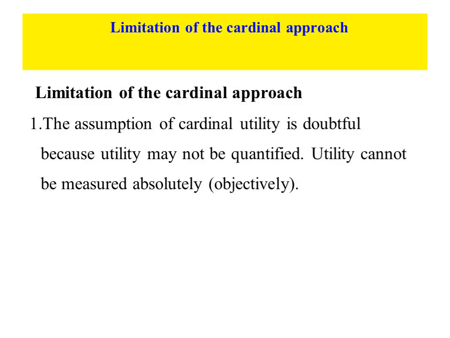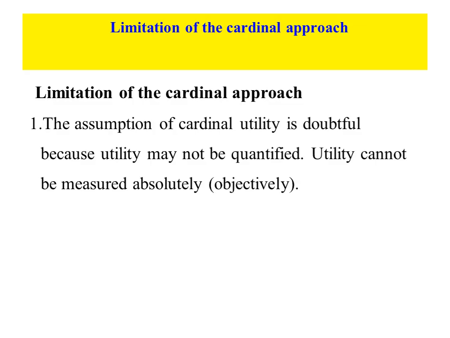And also we have seen the cardinal approach, which says we can measure our utility or satisfaction by using numbers, and the units used for measuring utility are utils. Now, what is the limitation of the cardinal approach?